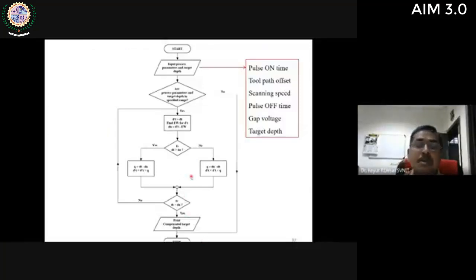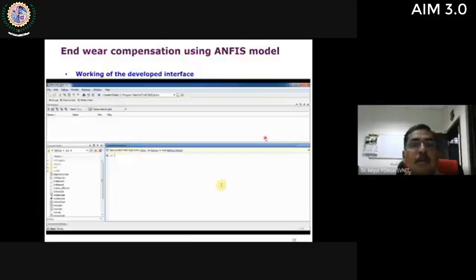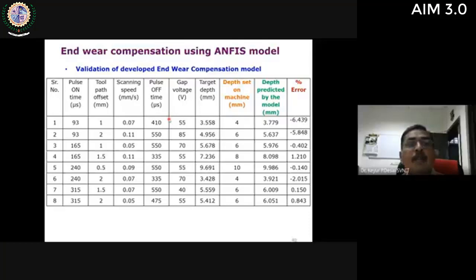And this is the flow chart for that. Input process parameters given: pulse on time, tool path offset, scanning speed, off time, gap voltage, and target depth. This is the developed interface, and then validation.